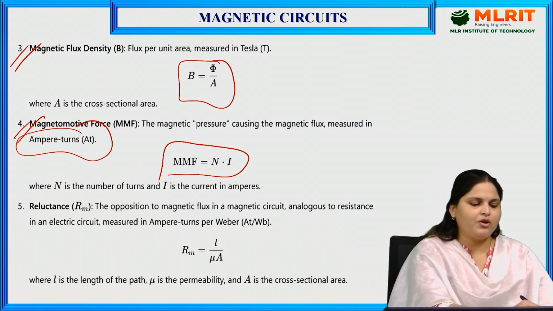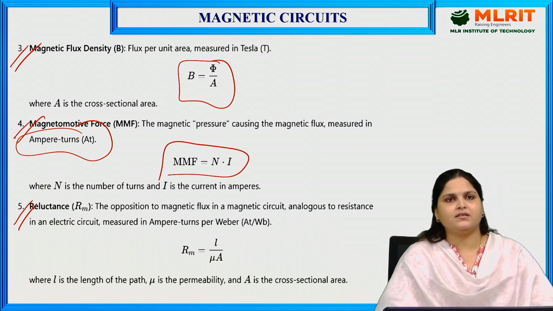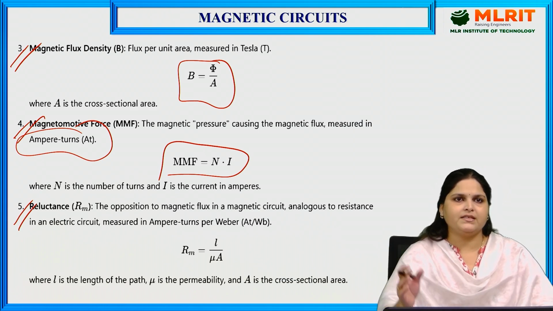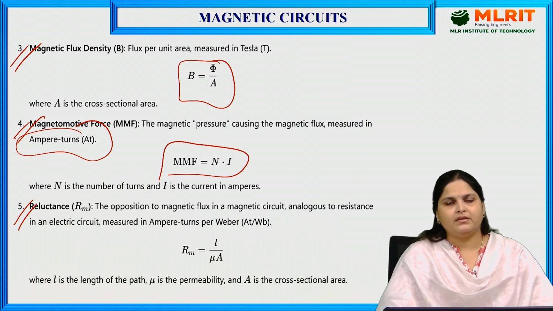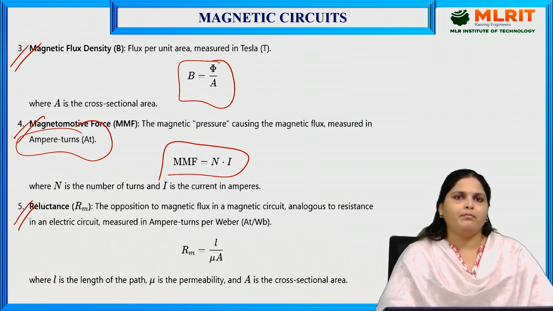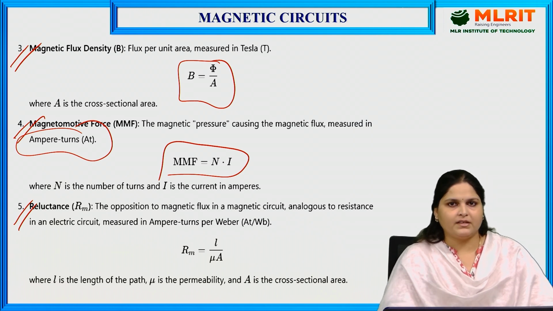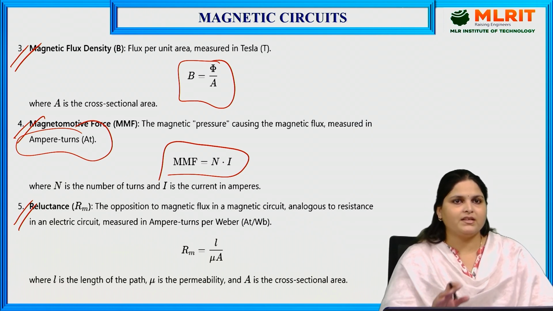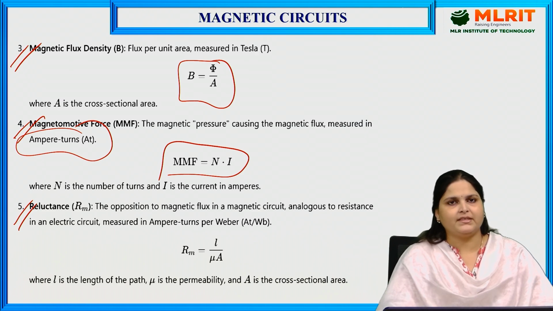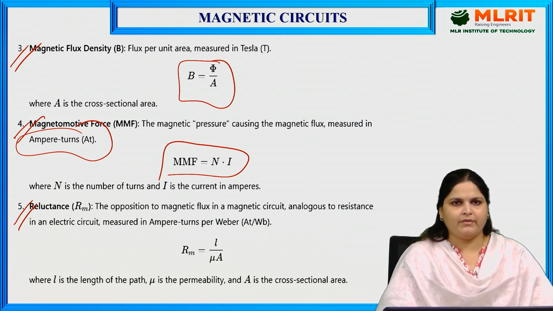The next key component is reluctance, which is given by Rm. Just like we have resistance, here we have reluctance in a magnetic circuit. It is the opposition to magnetic flux in the magnetic circuit, which is analogous to resistance in an electric circuit, and it is measured in ampere turns per Weber.